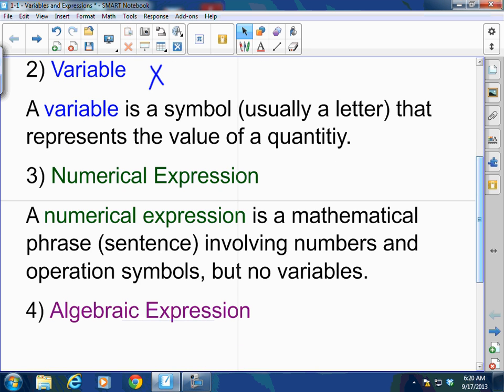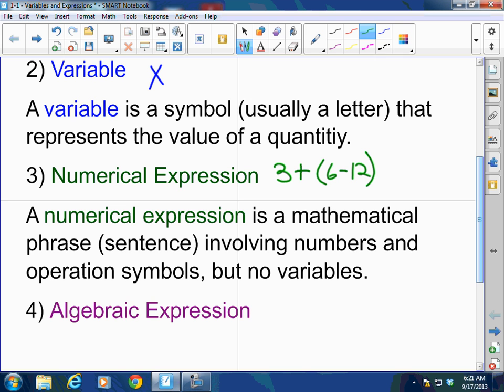Numerical expression. A numerical expression is a mathematical phrase or sentence involving numbers, operation symbols, but no variables, just numbers and operation symbols. So a numerical expression could be something like 3 plus parentheses 6 minus 12. That's a numerical expression. It uses numbers and operation symbols. Remember that the operation symbols are addition, subtraction, multiplication, and division. What's an algebraic expression?